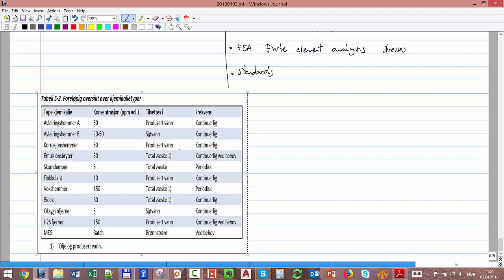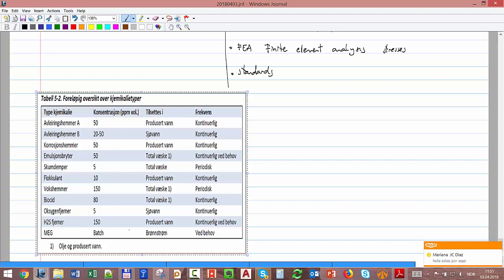Corrosion inhibitor, continuously. Emulsion breaker or demulsifier, you have to do it continuously. Foam, okay, you have emulsion, which is liquid inside liquid, and you have foam, which is gas inside liquid, which you also have to treat. Flocculant to improve separation. Wax inhibitor, biocide because you have bacteria, oxygen to avoid corrosion, H2S, MEG, okay.